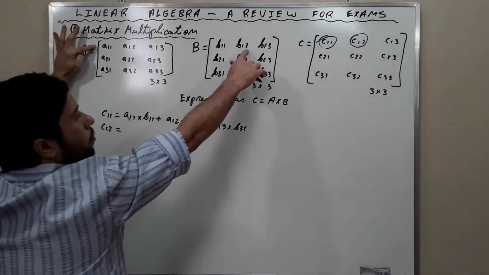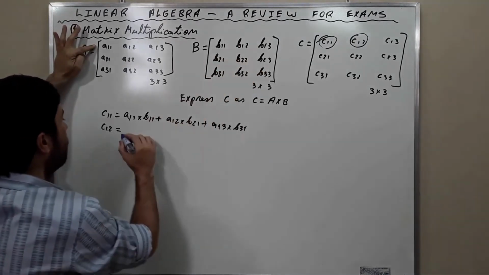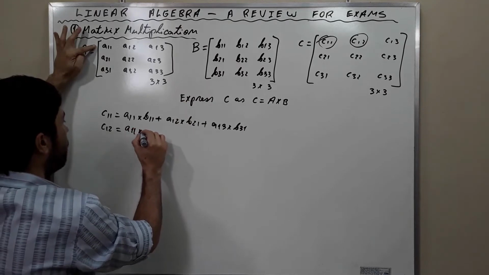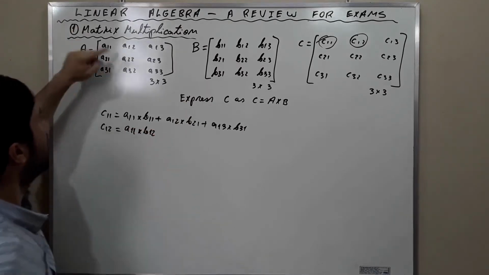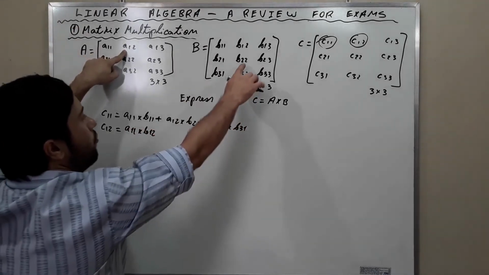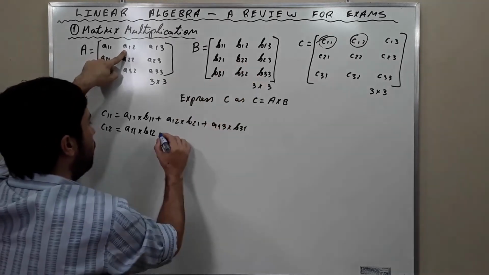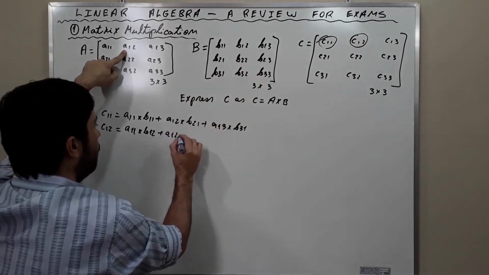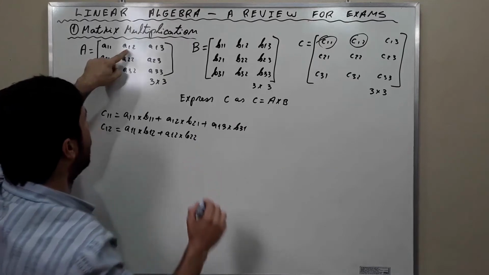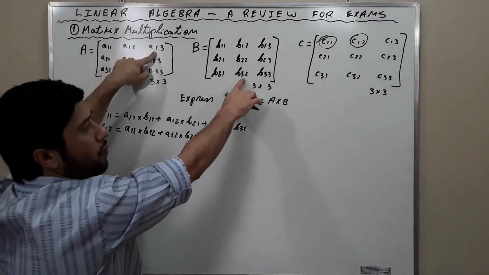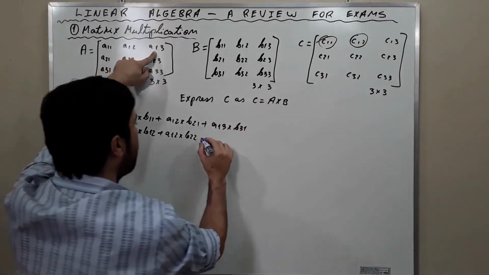A11 times B12, plus A12 times B22, plus A13 times B32.